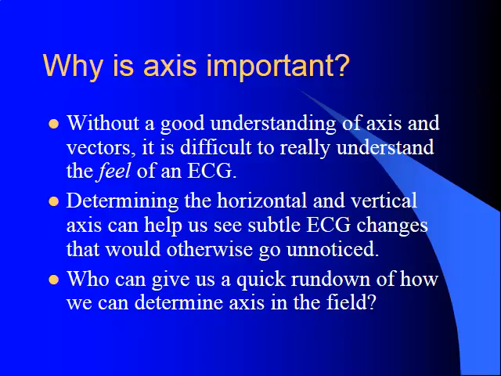Obviously, you guys can't give me a quick rundown of how we can determine axis in the field because I am recording this about 2 months before class actually starts and probably 3 months before you guys will actually be listening to these PowerPoints. We'll look at a couple examples of what I mean by the subtle changes that you can note in an EKG by determining the axis here.